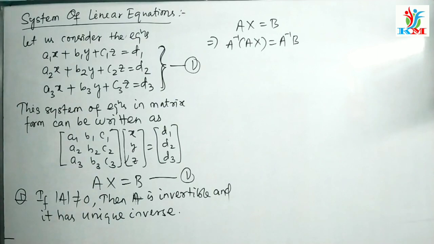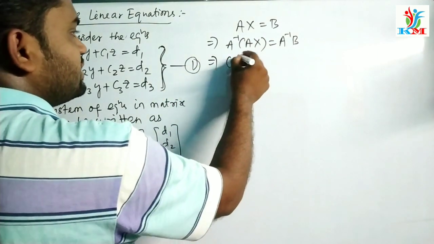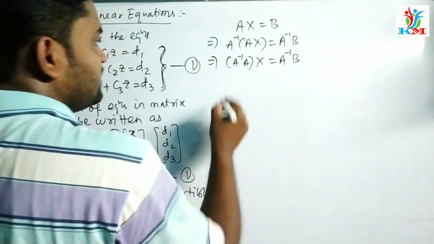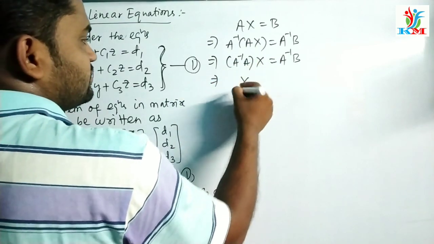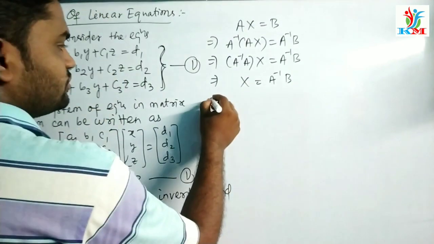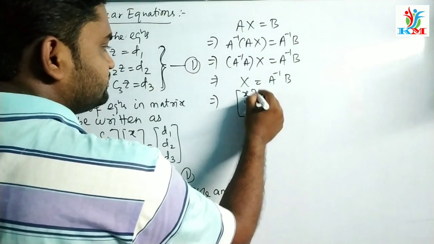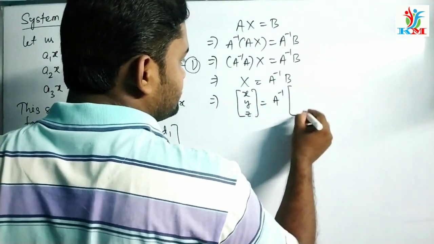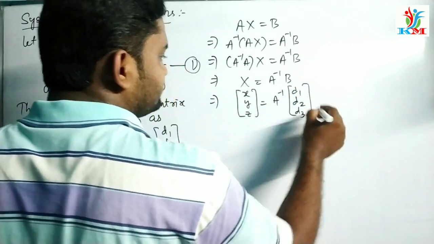So look here, by using associativity, we get A inverse into A into X is equal to A inverse times B. That implies this becomes identity, so X matrix is equal to A inverse times B. So here we get the X matrix, that means x, y, z, equal to A inverse times the B matrix, that means d1, d2, d3. Okay.